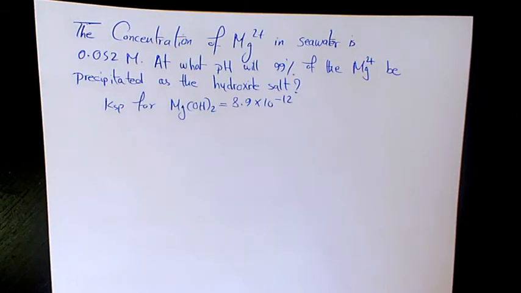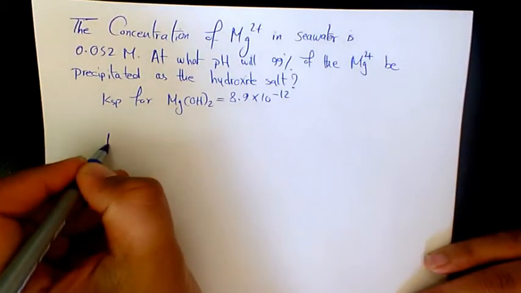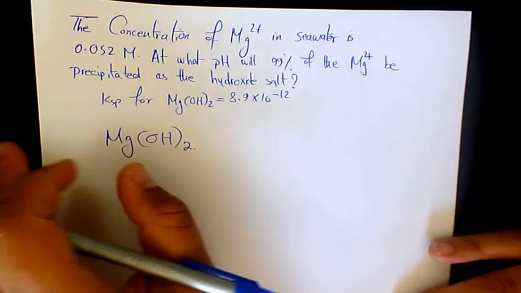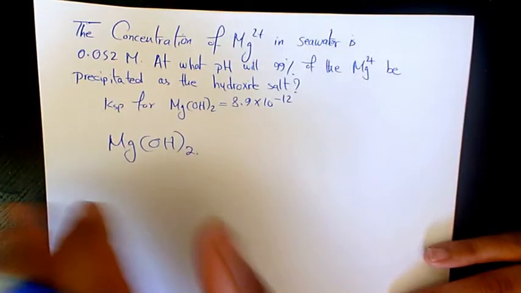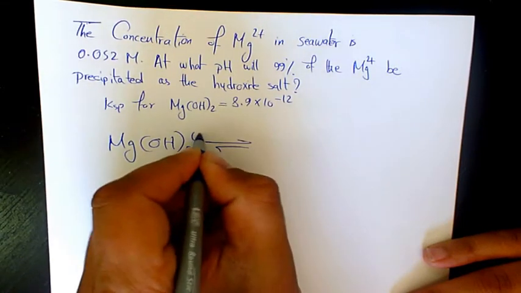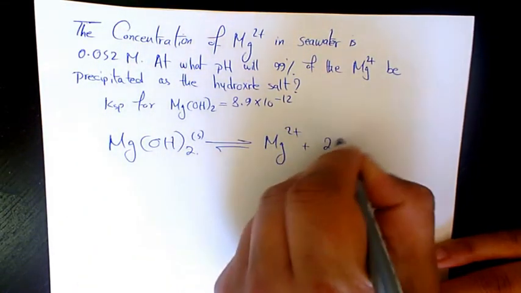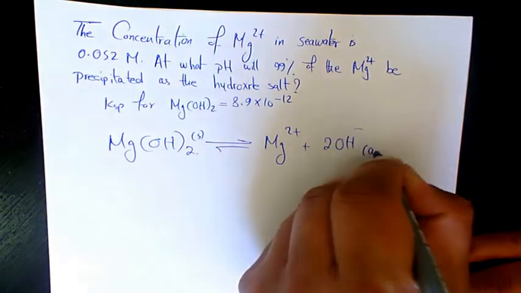KSP for magnesium hydroxide is 8.9 times 10 to the power of negative 12. So the salt we have is Mg(OH)2. In solid form, when it dissolves, it's going to be Mg2+ and 2 OH-, both in aqueous phase.